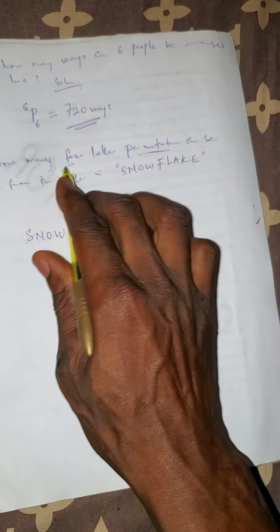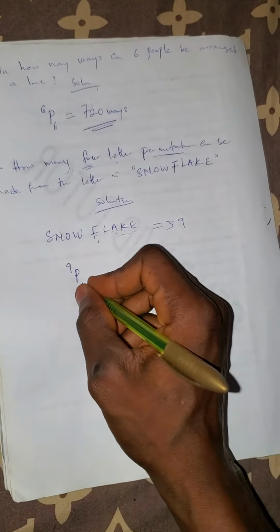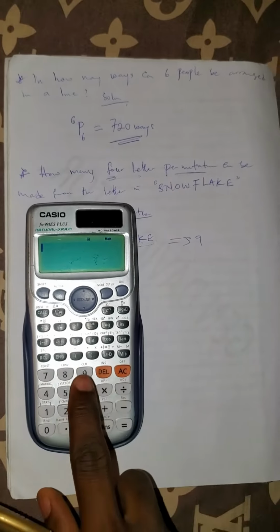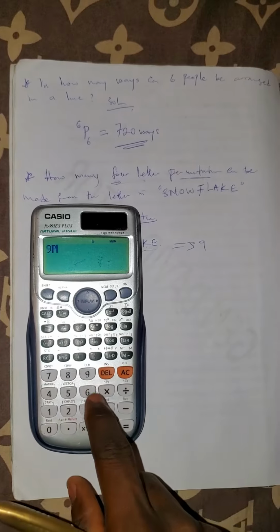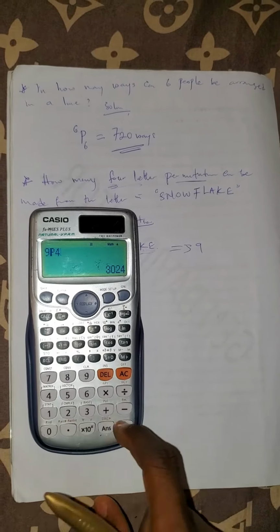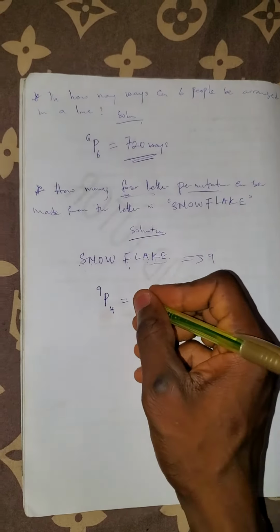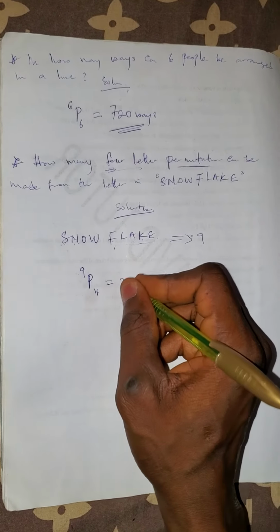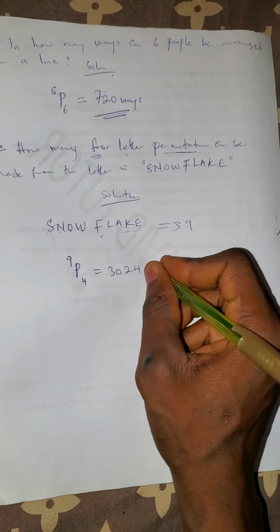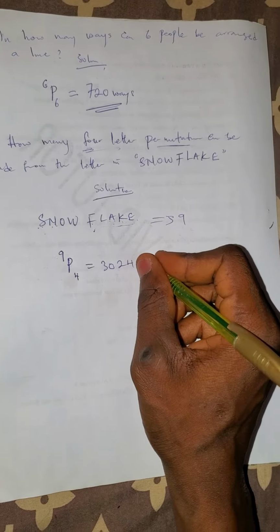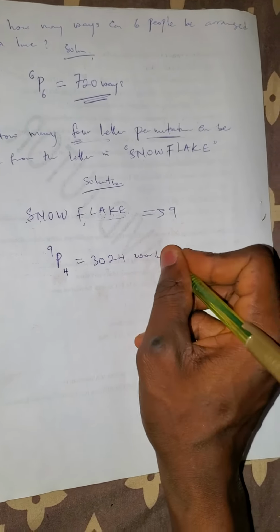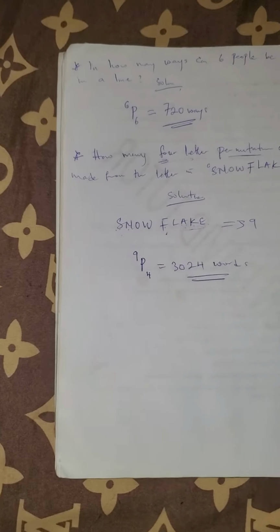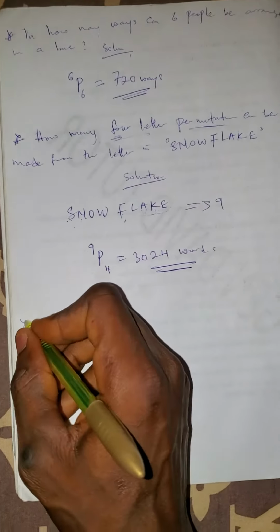They said 4-letter, so it will be 9 permutation 4. The answer is 3,024 words. That is it.